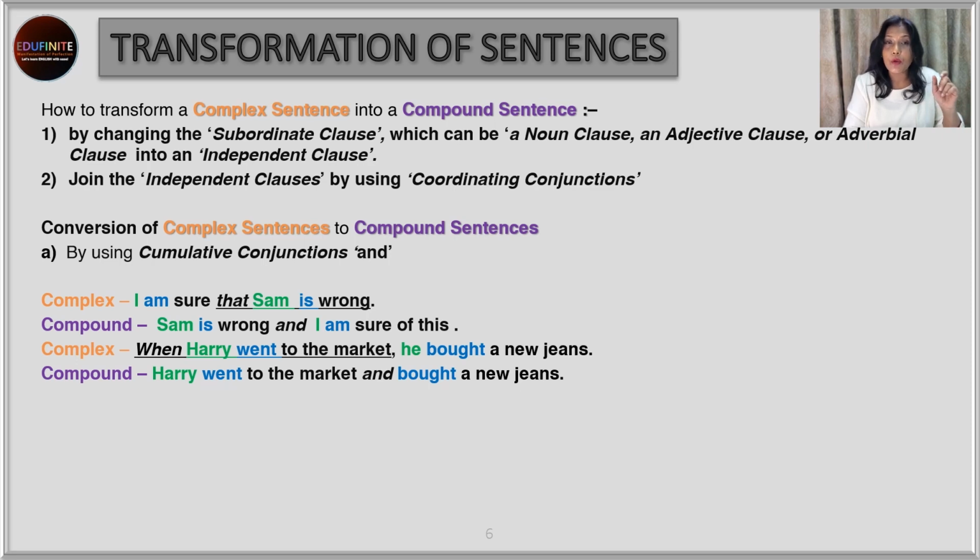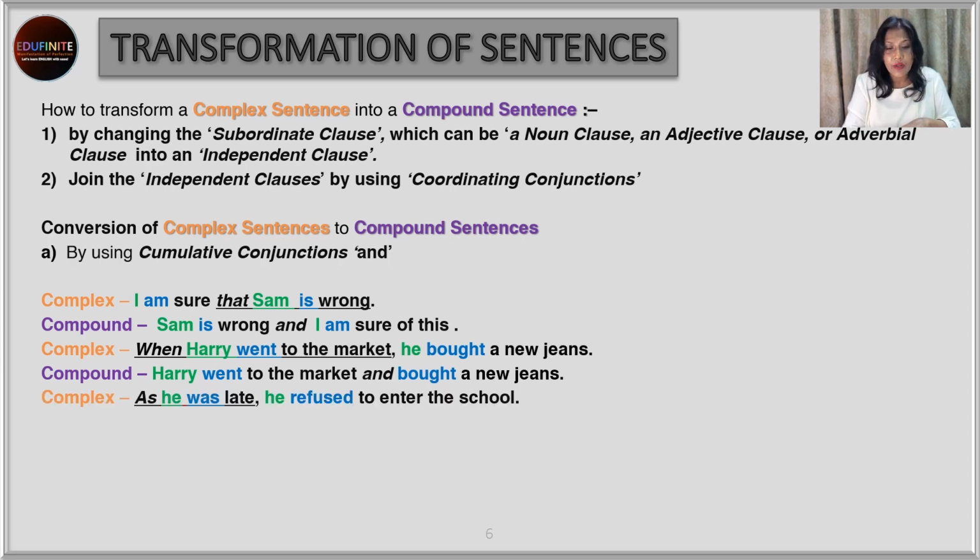And then we have the cumulative conjunction and, we do not write he bought a new jeans. We just omit that he because it's understood. We are implying he over here because he is the subject which is hidden. We don't always go on repeating the subject sometimes in a compound sentence. So the sentence stands as Harry went to the market and bought a new jeans.